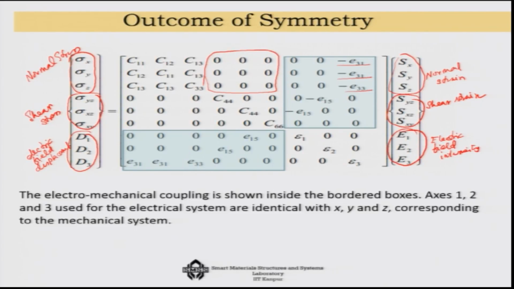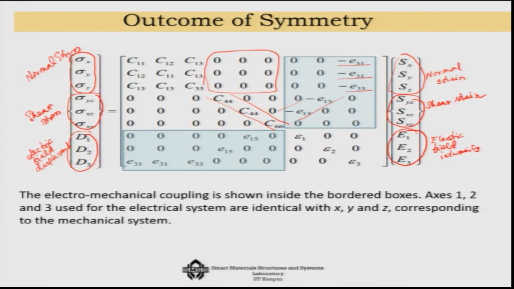In fact, the normal stresses will not generate shear strains in this particular piezoelectric material. Shear strains are generated by the shear stresses, that is the diagonal part, and also some part of the electric field takes part in generating the shear strain.